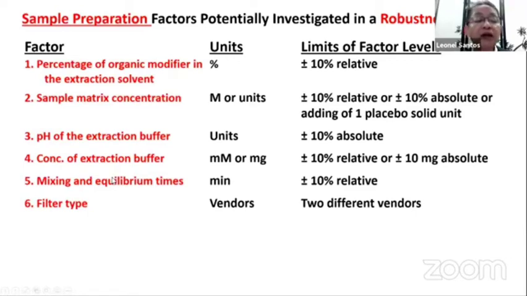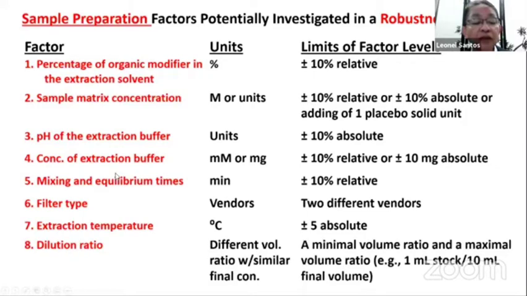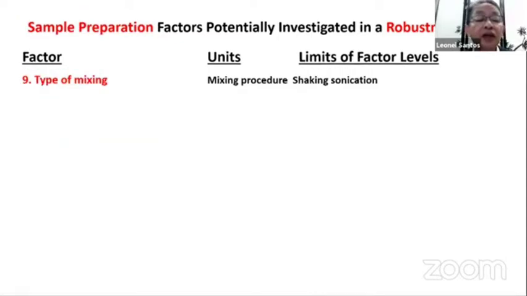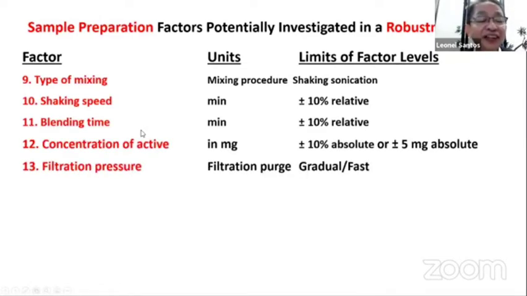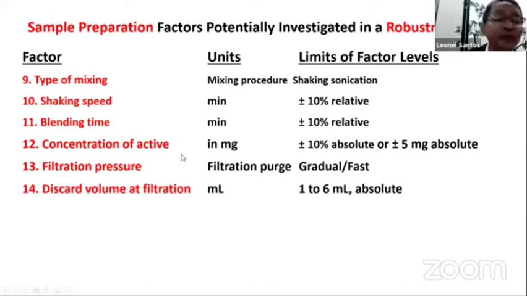There are many of these factors listed in this table. Extraction temperature, dilution ratio, mode of mixing, shaking period, blending time, concentration of the active ingredients, filter pressure, discarding the filtration volume.